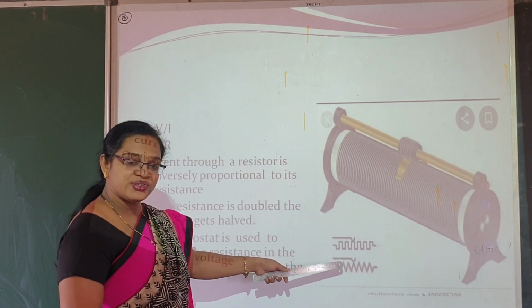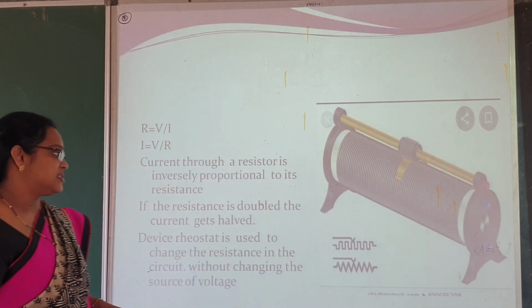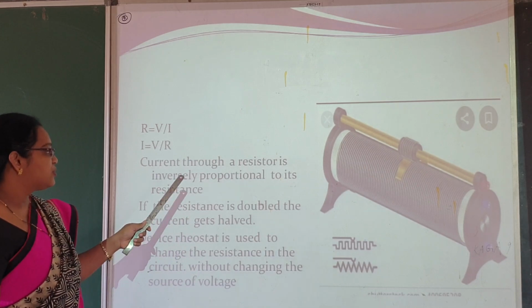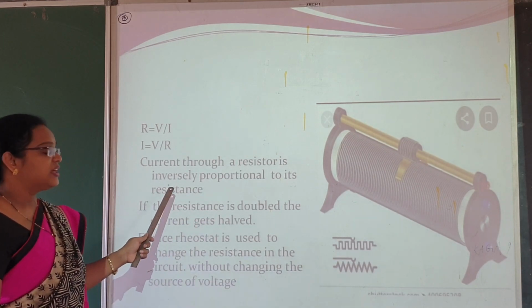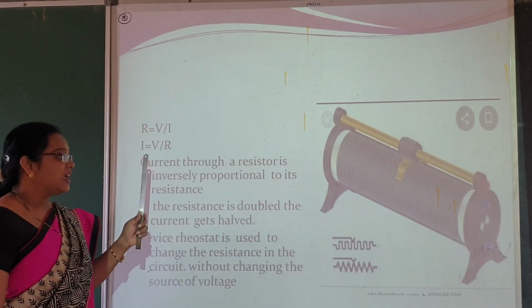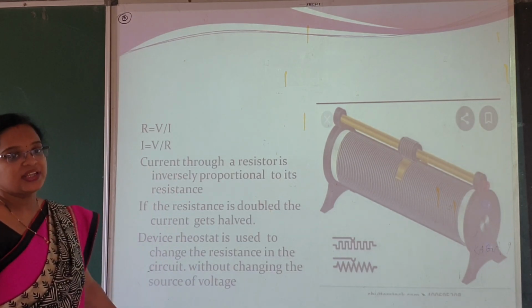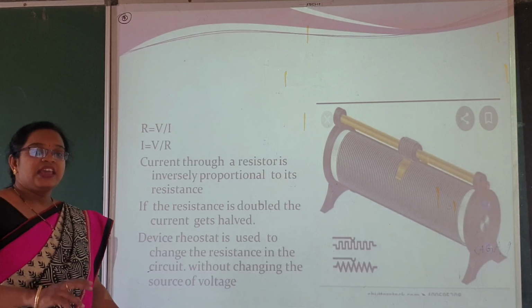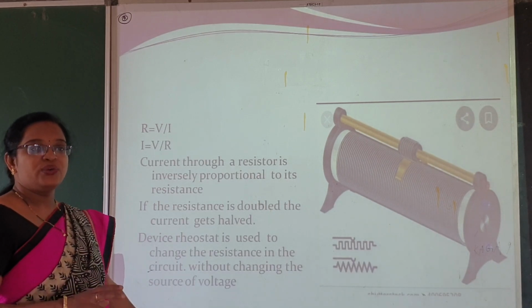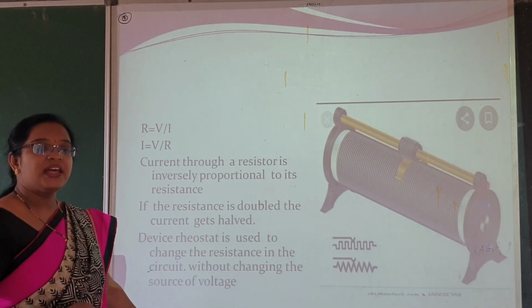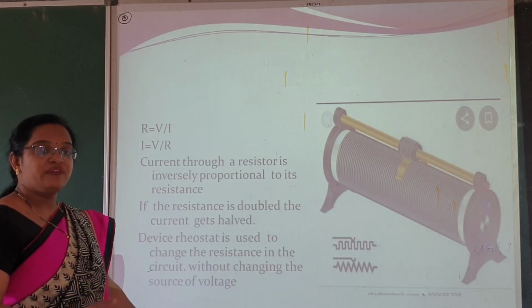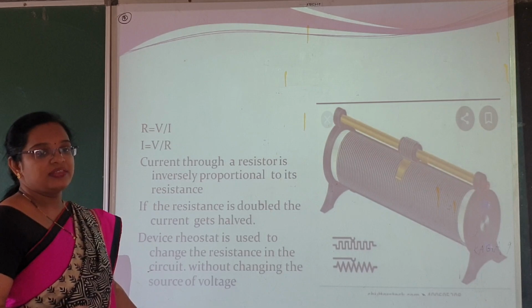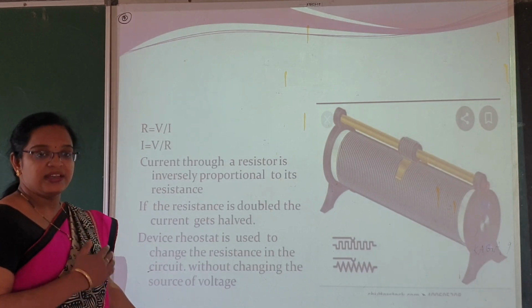This is the symbol used to write the resistance. The current flowing through the resistor is inversely proportional to the resistance. I is inversely proportional to the resistance. That means if the resistance value is less, then the current will be more. If resistance is more, then the current value will be less.